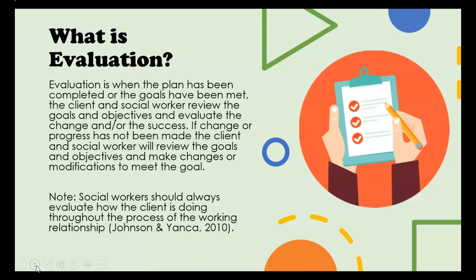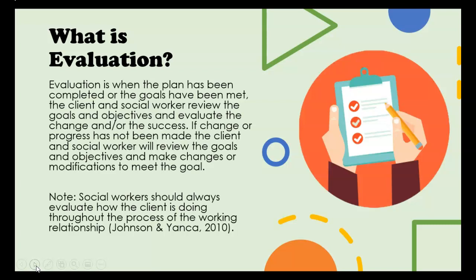And so, in order to do that, the social worker and the client must then review the original objectives and goals and then compare the outcomes with whether the goals have been met. If change or progress has not been made, the client and the social worker will go back and review the goals and objectives and make modifications and changes if needed, or have a discussion on what are the factors involved to why the goals and objectives have not been met.